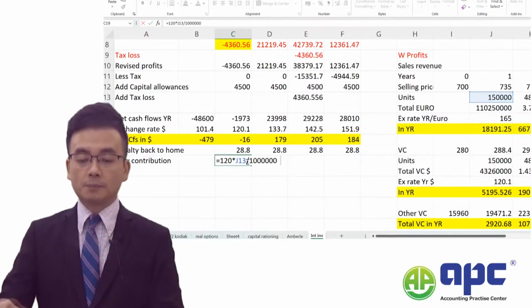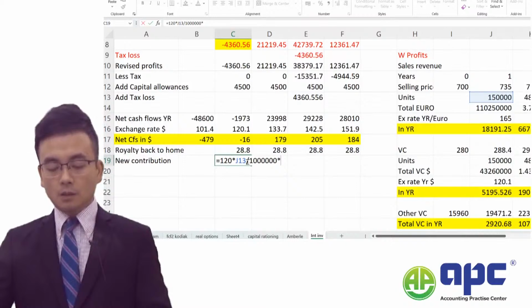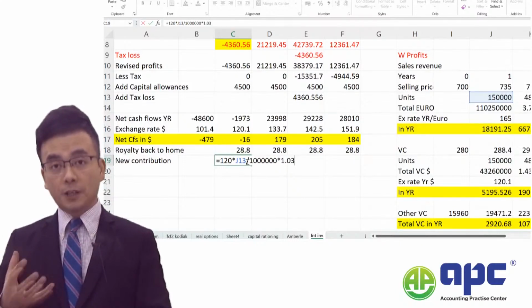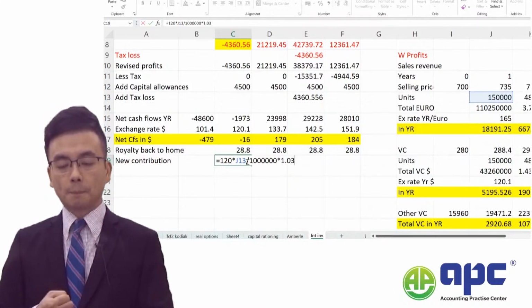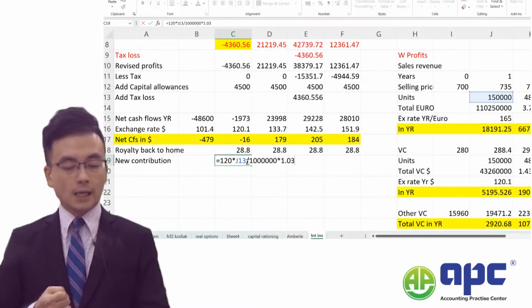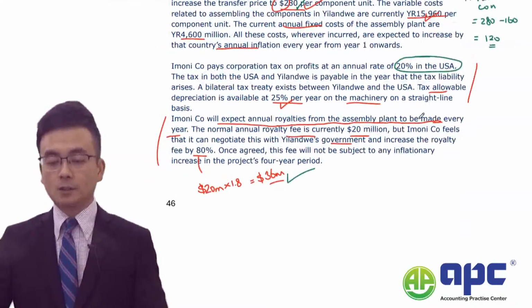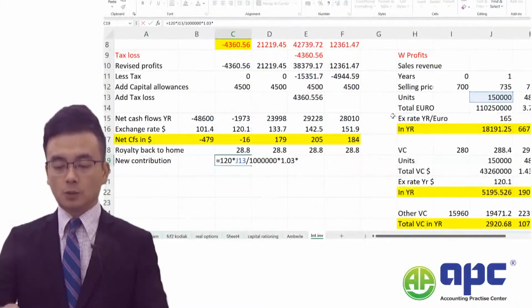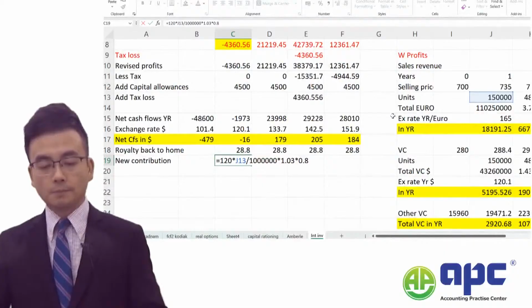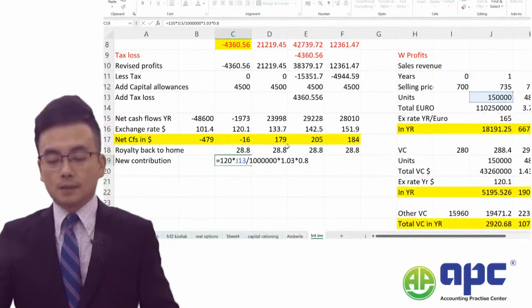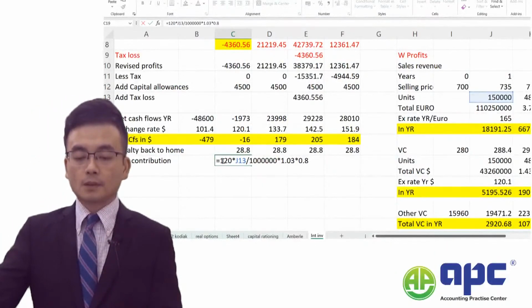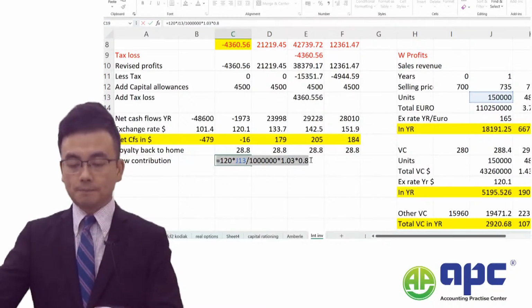But at the same time, we expect it to increase by 3% in each and every year. And for that contribution, we need to pay a tax of 20%, so it's times 0.8. Okay. So we just copy that.